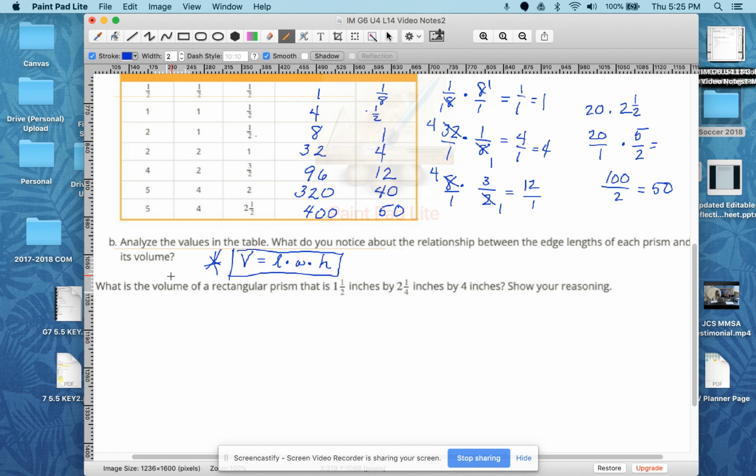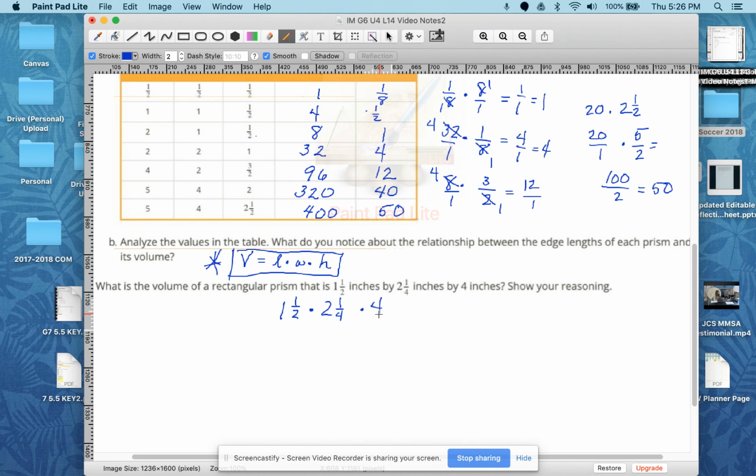With that information, they want to know what is the volume of a rectangular prism that is 1 1/2 inches by 2 1/4 inches by 4. Well, they've got 1 1/2 inches times 2 1/4 inches times 4 inches.